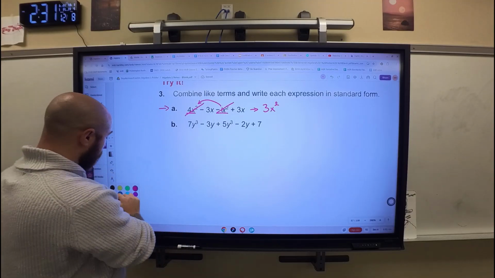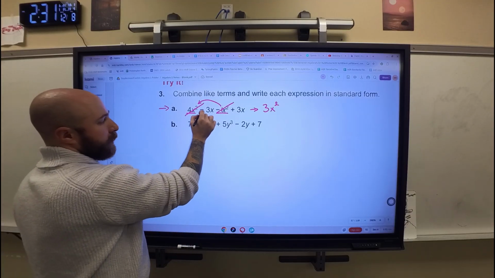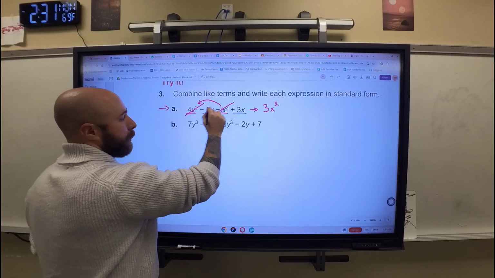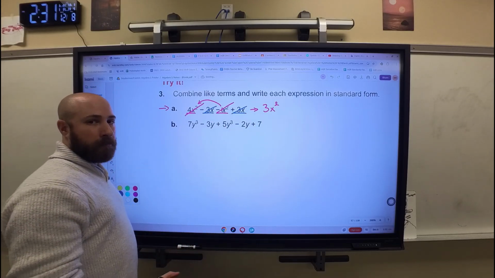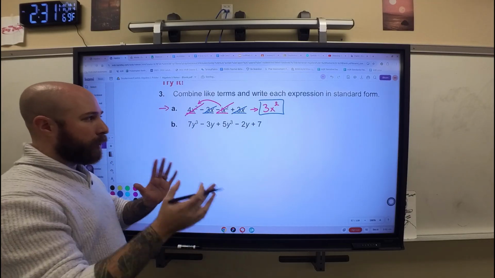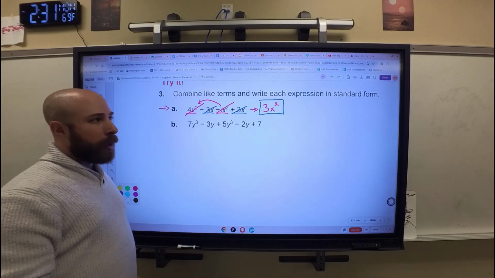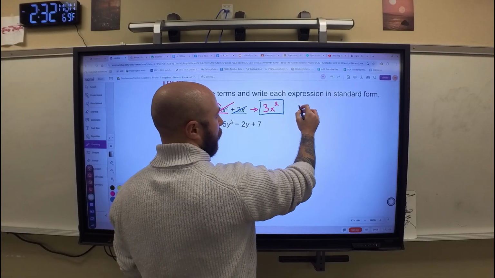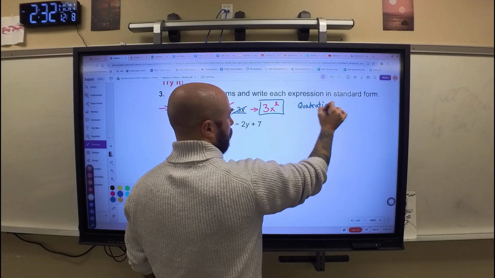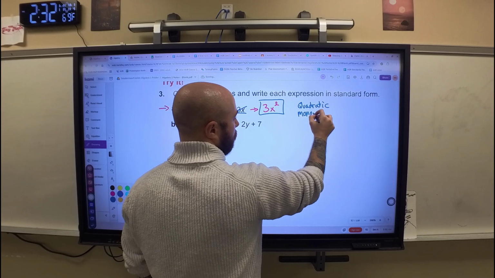And if we look at our x's, negative 3x plus 3x, when we add those together, they just cancel and we're done. So all of that just boils down and combines to a 3x squared, which we can now classify as a quadratic monomial.